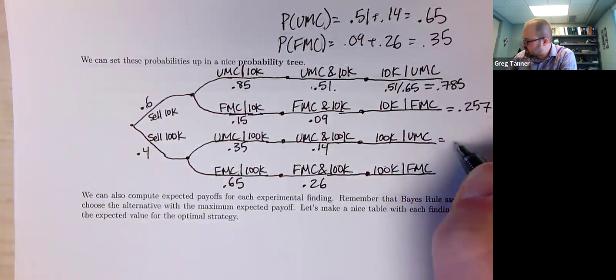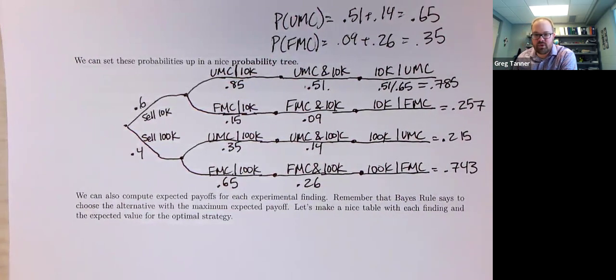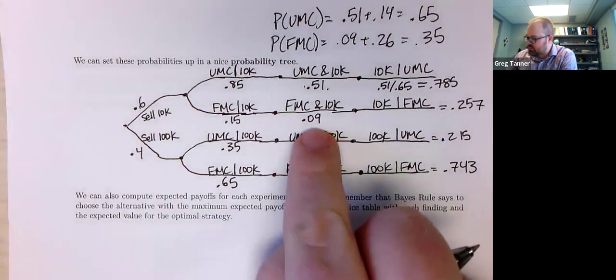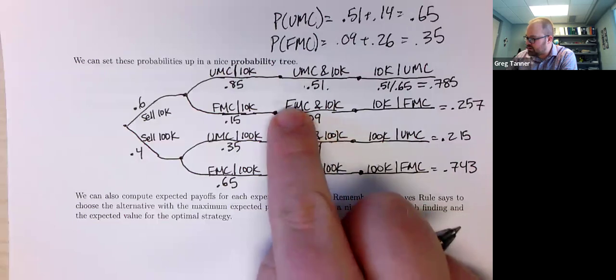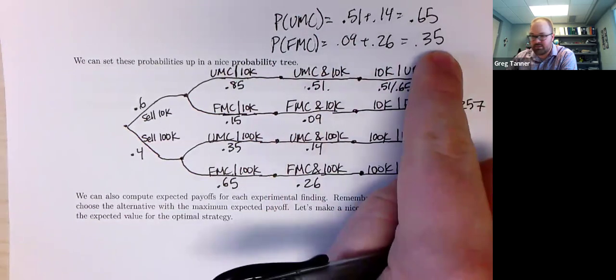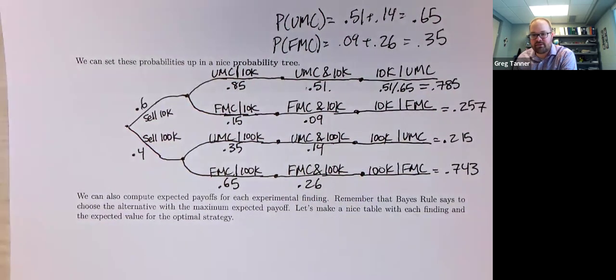This is going to give us 0.215, and this is going to give us 0.743. Okay, by taking, for this example, the 0.09, we divide it by the unconditional probability of FMC, so 0.09 divided by 0.35 is going to give us the 0.257.